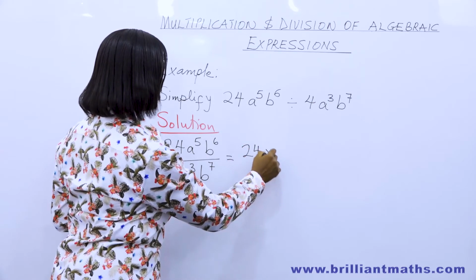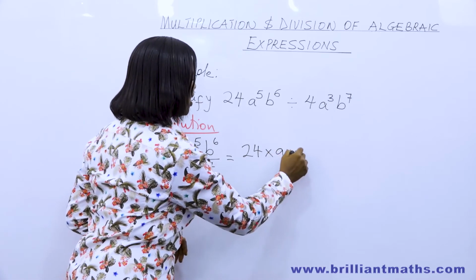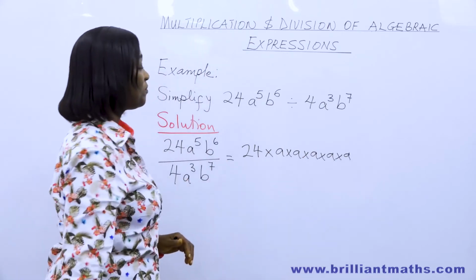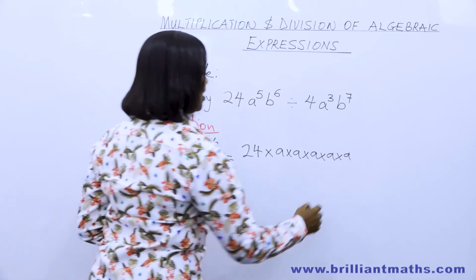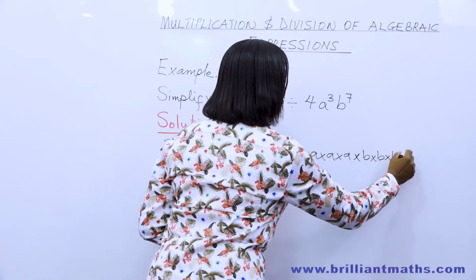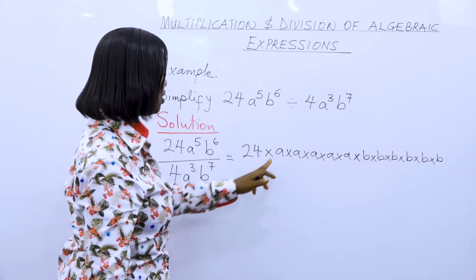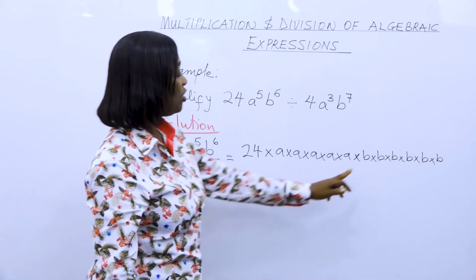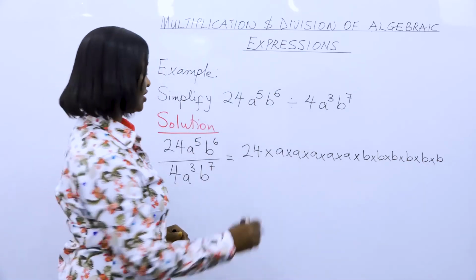24 times a to the power 5, which is a times a times a times a times a, and b to the power 6, which is b times b times b times b times b times b. Let's check how many we have. 1, 2, 3, 4, 5, that's a to the power 5. 1, 2, 3, 4, 5, 6, and that's b to the power 6.